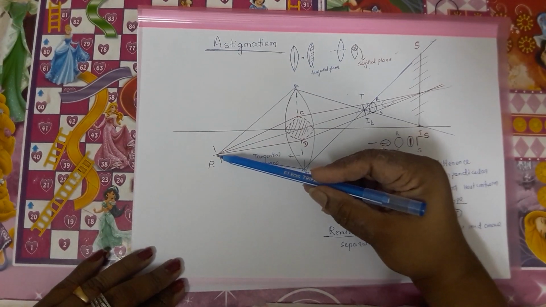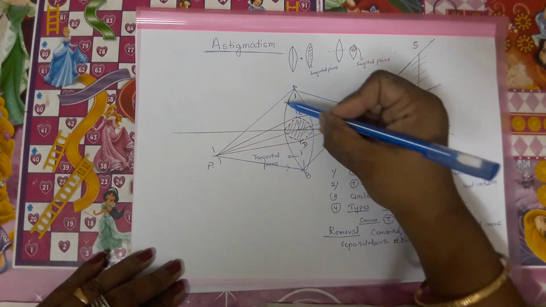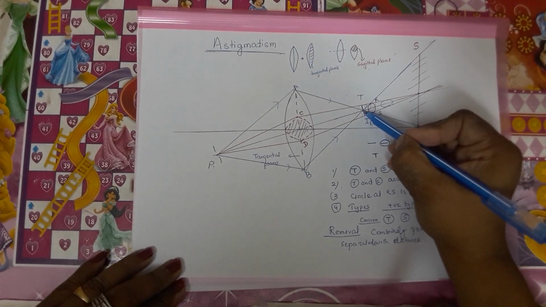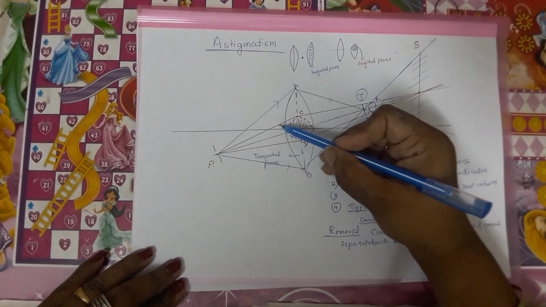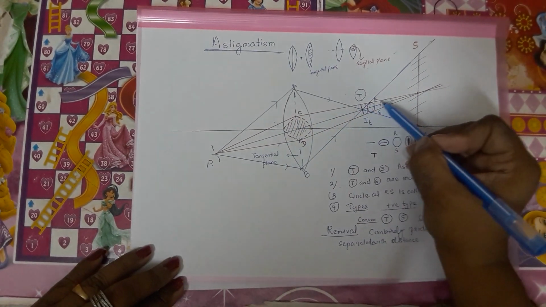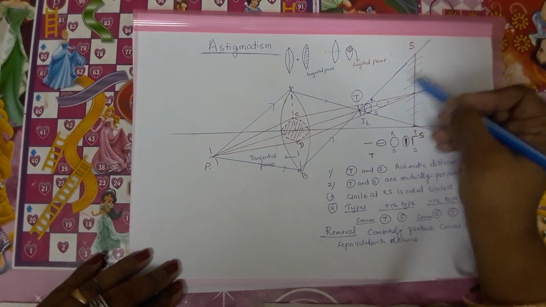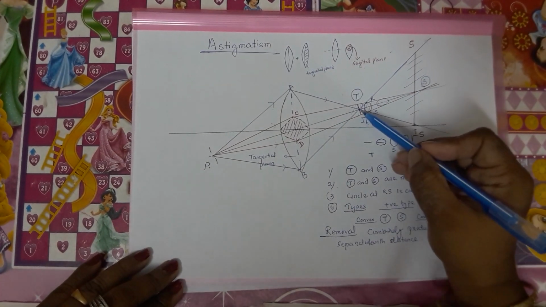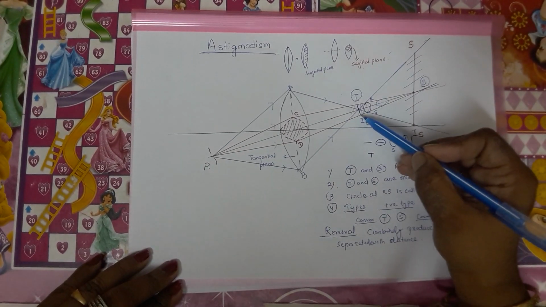If the ray coming from the point object approaches from the tangential plane, after refraction, it will meet at point T, and the ray coming from the sagittal plane, after refraction, meets at point S. Here we get two different points of refraction.